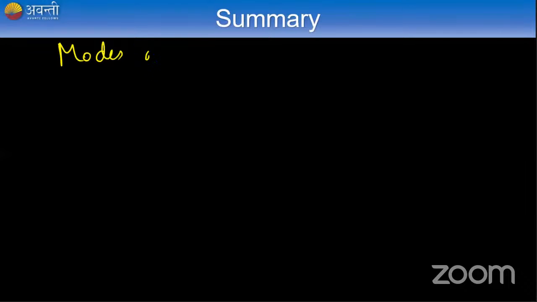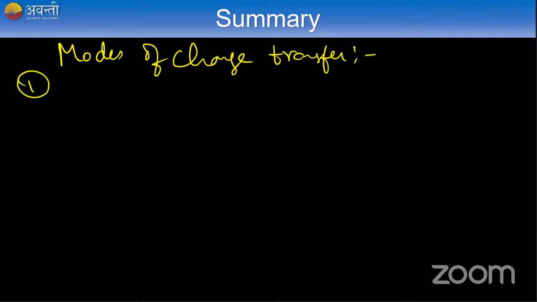Next we tried to check the modes of charge transfer. What are the modes of charge transfer, guys? First mode of charge transfer was conduction.